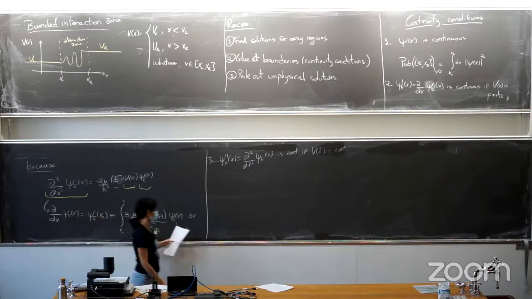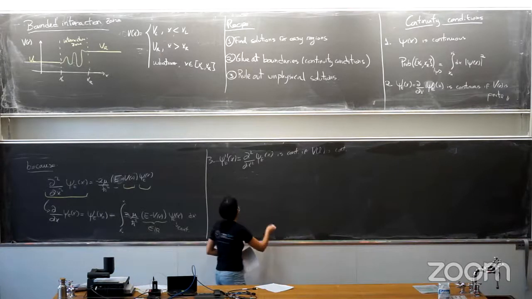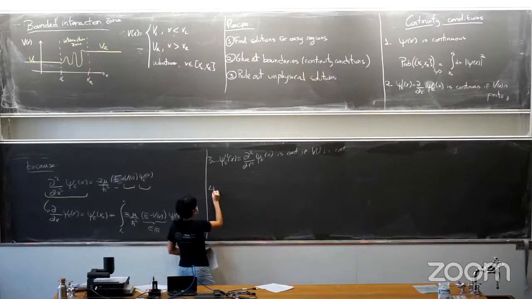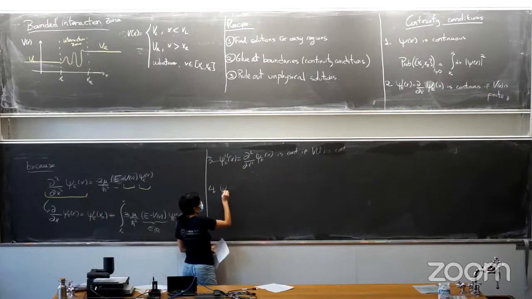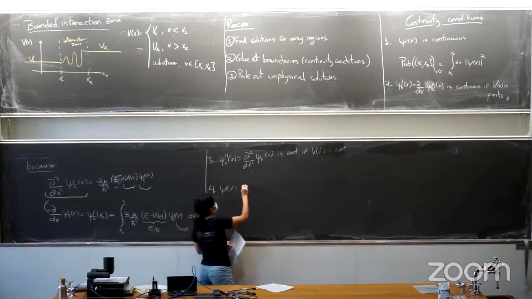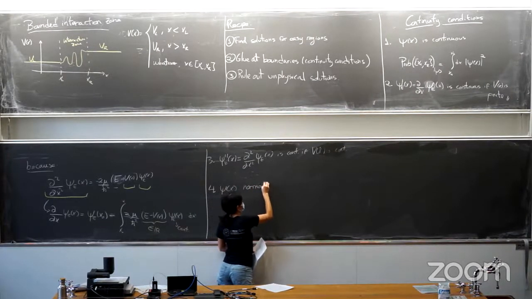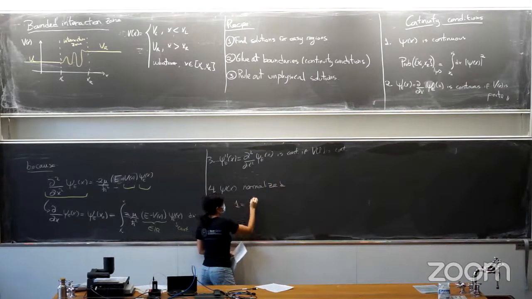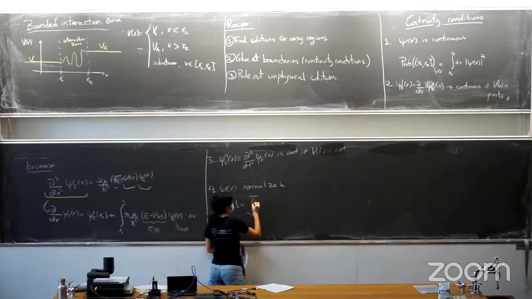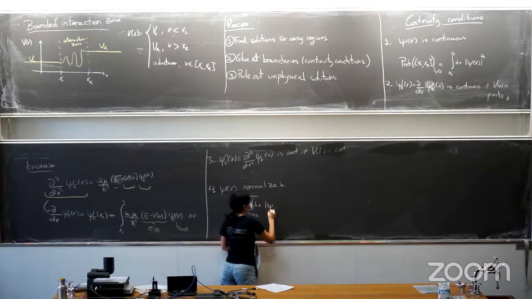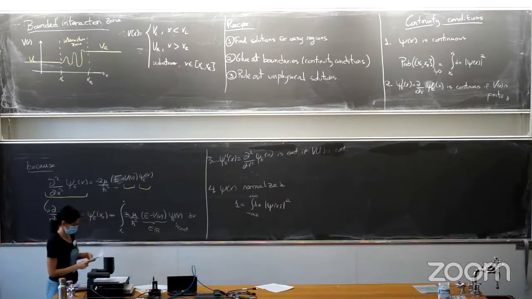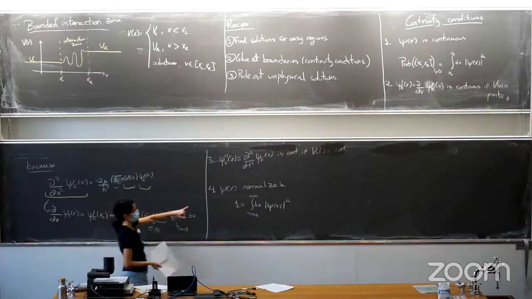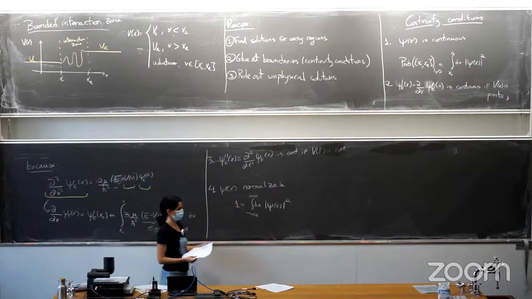Then we need 2 more physical conditions. This is no longer continuity, but in general physical conditions for the wave function. The first one we know is that it's normalized. By normalized, I mean the square of the wave function must integrate to 1, which means that you cannot have any divergent solutions.